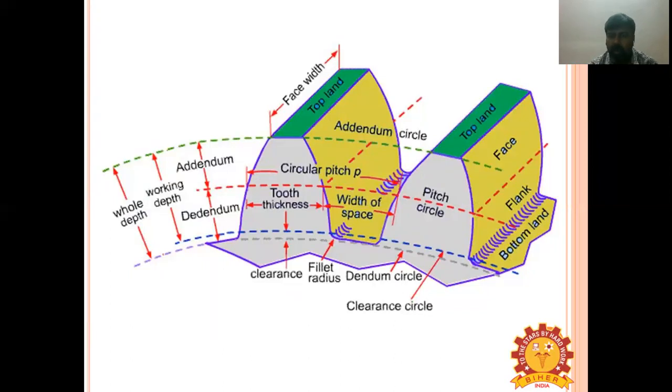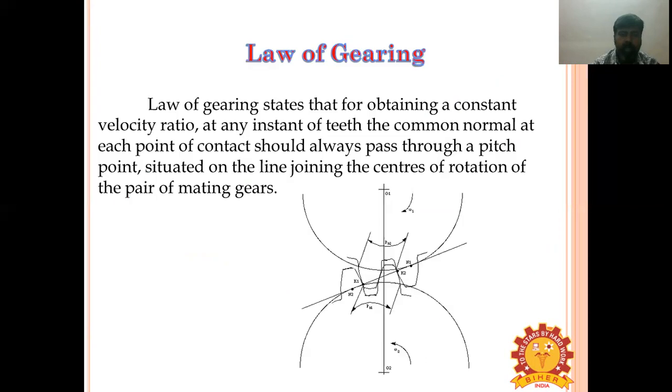In this diagram, I have mentioned clearly what is the top land, what is the addendum circle, what is the dedendum circle, what is addendum, what is dedendum, what is the clearance. I have explained everything in this diagram, right? Then come to the law of gearing. What is the law of gearing?